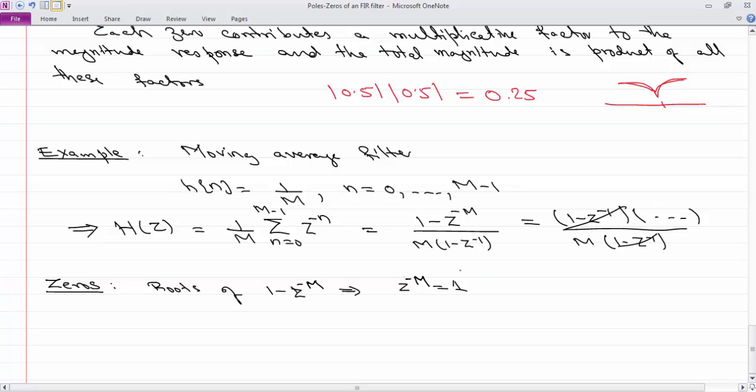So this is just the mth root of unity that you are trying to solve, and so the roots that you get are e to the j 2 pi over m times k, where k goes from 0, 1 up to m minus 1. Okay, all of your roots are living on the unit circle separated by 2 pi over m, right? Just like you do it for the cube root.